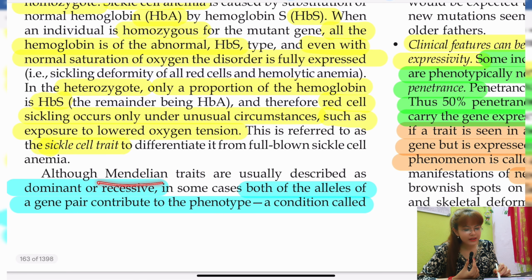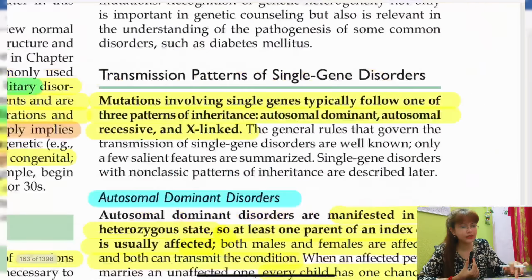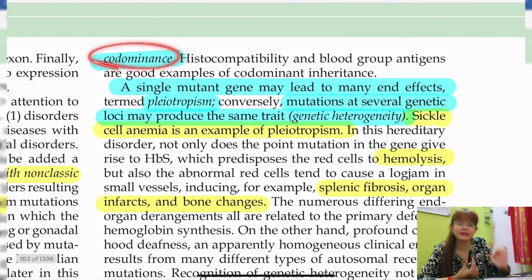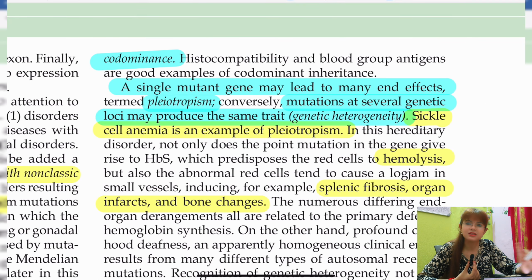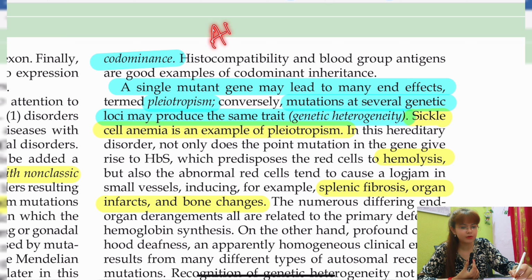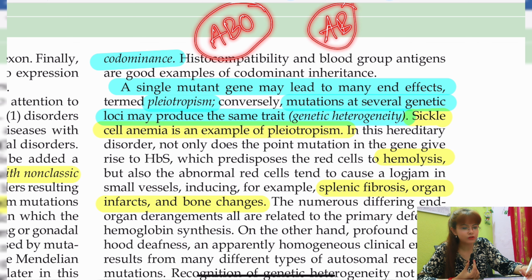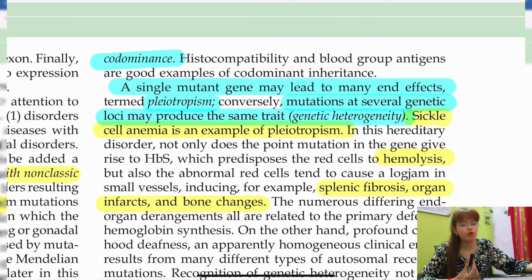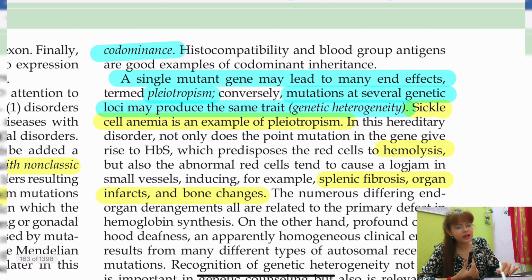Now, Mendelian traits can be dominant and recessive, but in some cases both of the alleles of the gene contribute to a phenotype, which is called codominance. It means both alleles are expressed in a similar way. Like the ABO system, where A is also expressed and B is also expressed. So that is codominance.